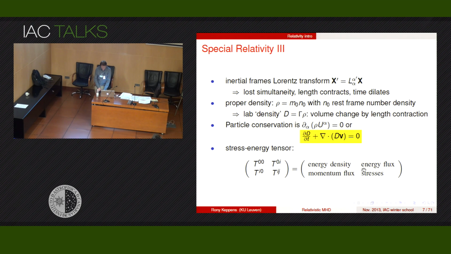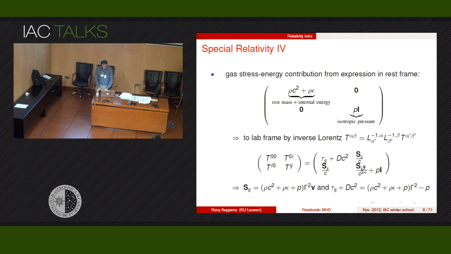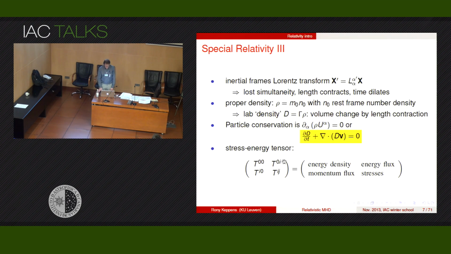So if we take this, then I can write down what the stress energy tensor is almost instantly if I'm in the rest frame of the matter. Because in the rest frame, there are no energy fluxes and no momentum fluxes.